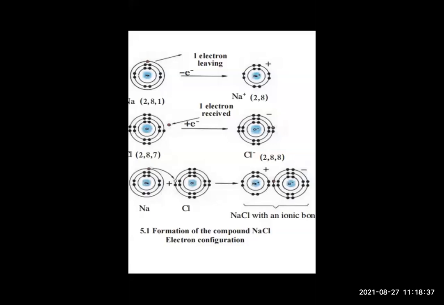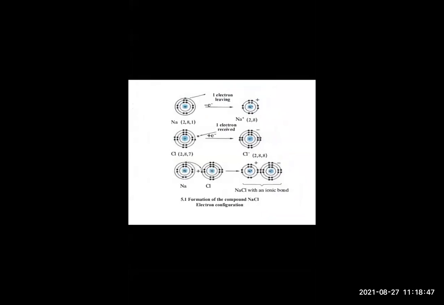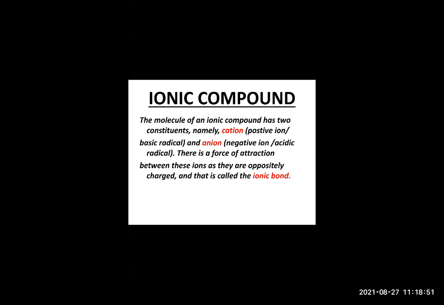So what are we getting? An ionic compound having very high stability. I hope all of you understood what an ionic compound is. Let us go to the definition once again. The molecule of an ionic compound has 2 constituents, namely the cation, that is the positive ion or basic radical, and the anion, the negative ion or acidic radical.